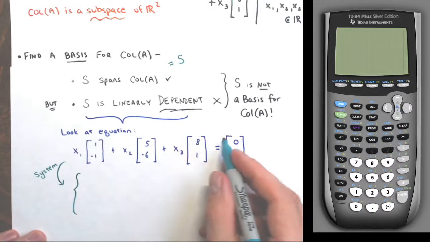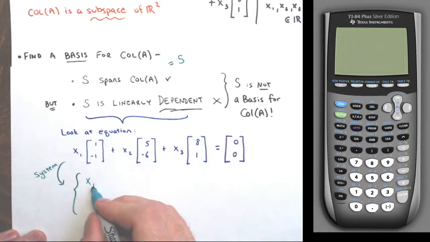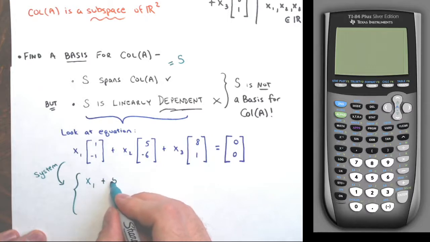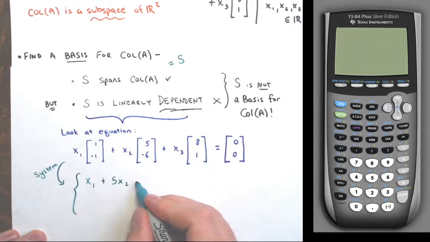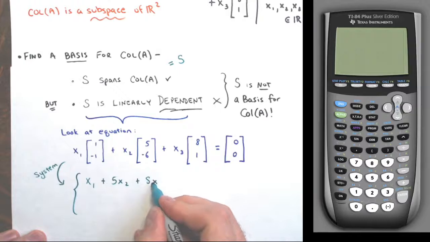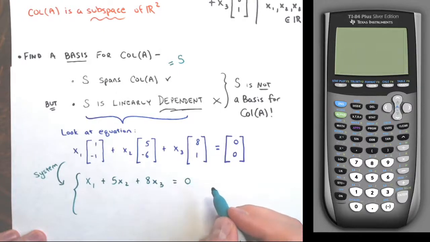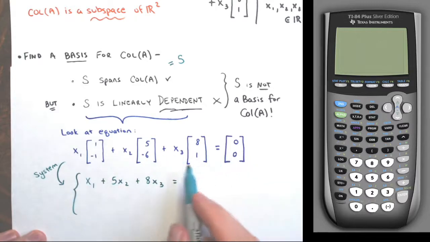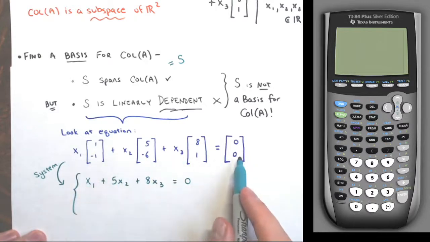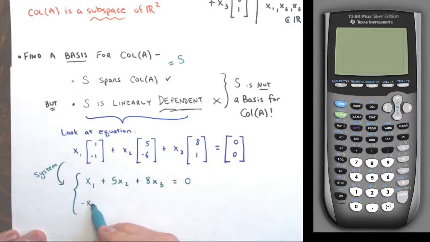For the first components of these vectors, we'd have x1 plus 5x2 plus 8x3 is equal to 0. And for the second components, I have negative x1 minus 6x2 plus x3 equal to 0.